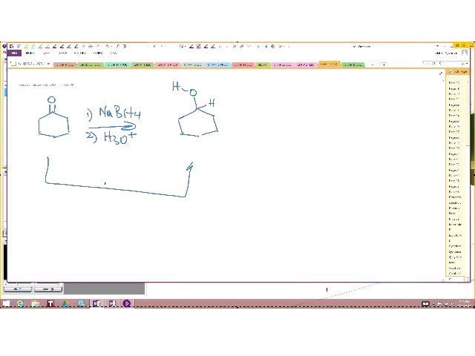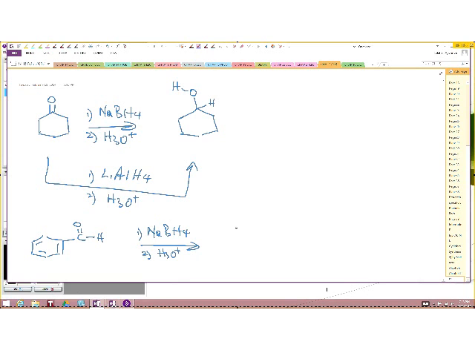Now the same thing will happen here. Step 1, lithium aluminum hydride, followed by dilute acid. Get it, sir? Now if I start with this ketone, I will use sodium borohydride in step 1 and dilute acid in step 2.